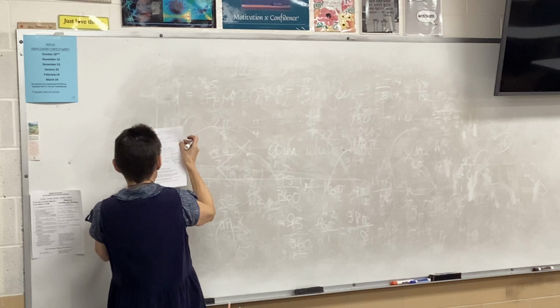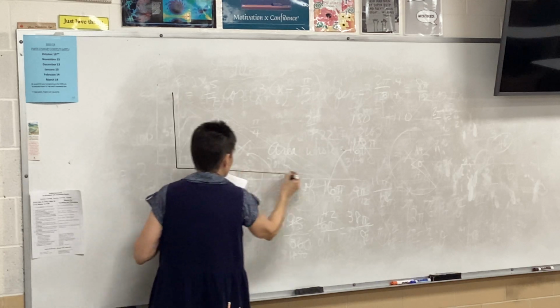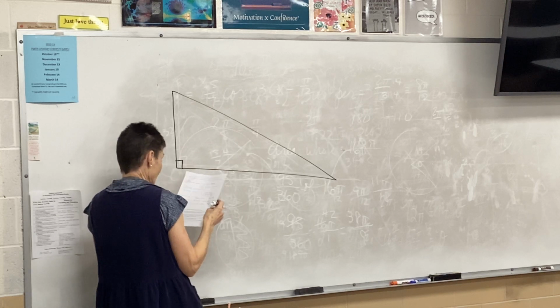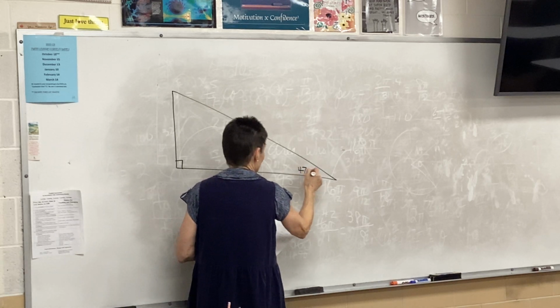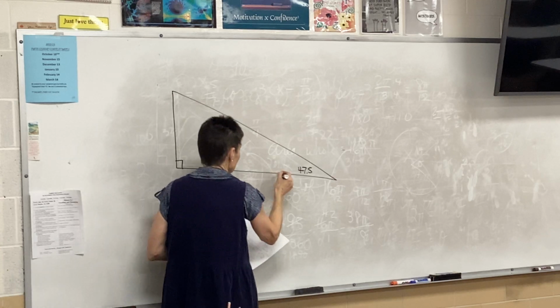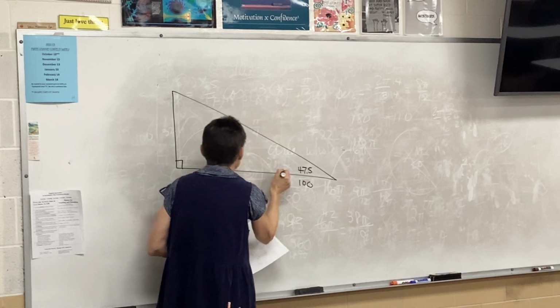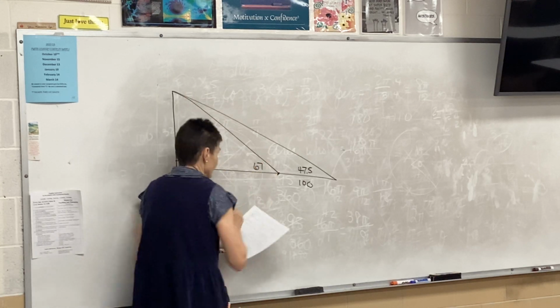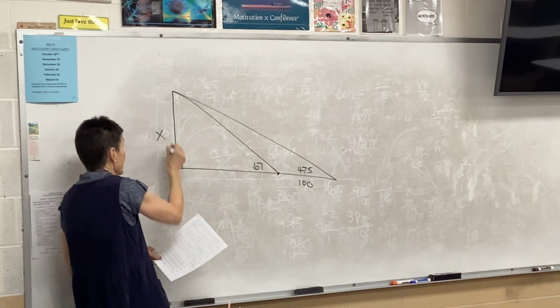So what's happening? Mike, there's a tower, Mike's out here looking up at the top of the tower. The angle of elevation is 47.5 degrees. He moves 100 feet closer, and now his angle of elevation is 67 degrees. What is the height of the tower?